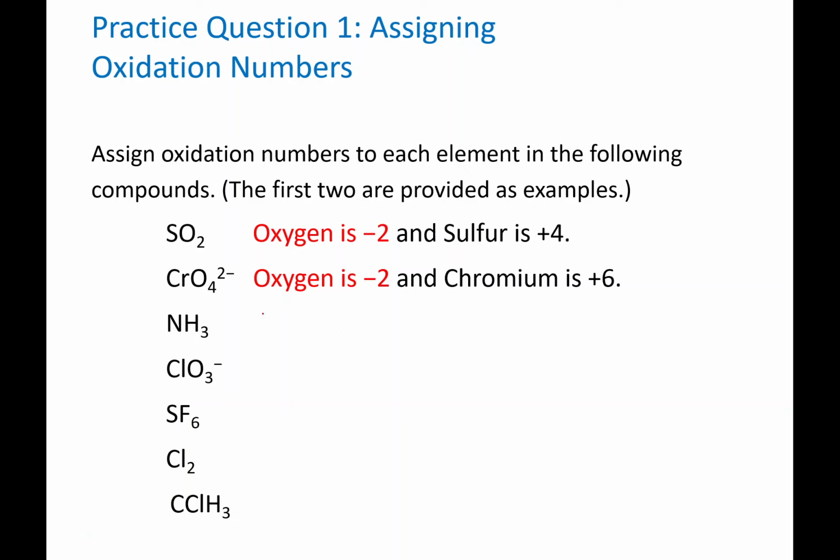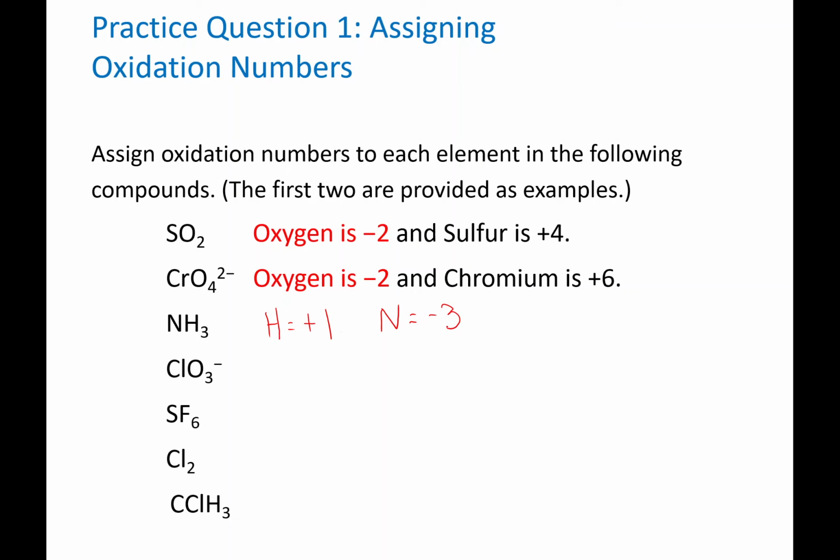We know that H is going to be a +1 in this compound. We have 3 of them, and there's no charge, so that has to add up to 0. So nitrogen has to be a -3 oxidation number.